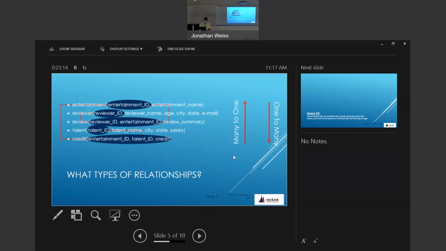So remember, referencing relation is the many, referenced relation is the one. And if you think about it in terms of the arrowheads, arrowheads point to one thing. So the arrowhead is the one. Yeah, exactly.